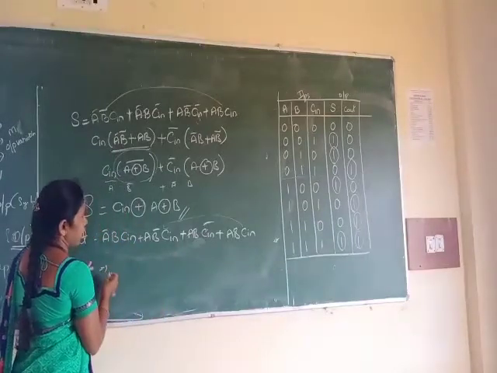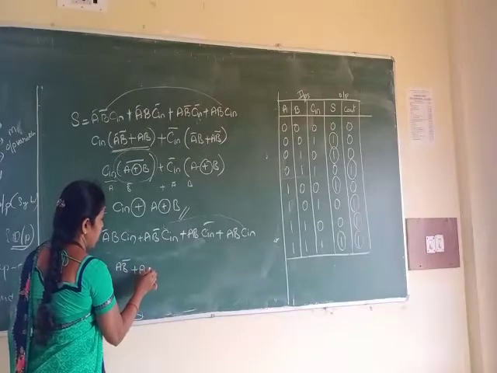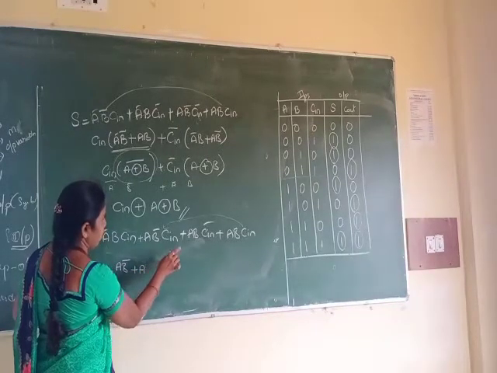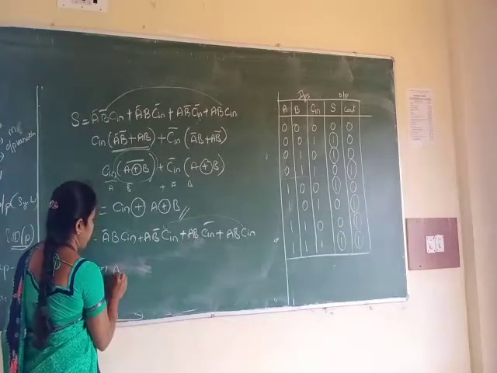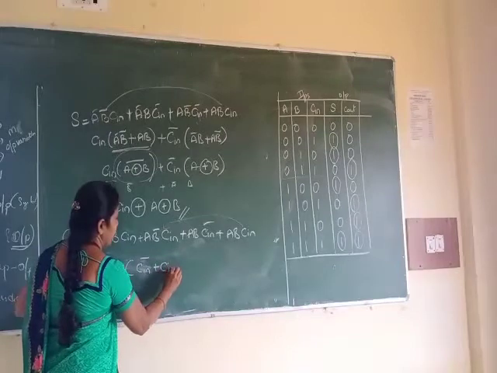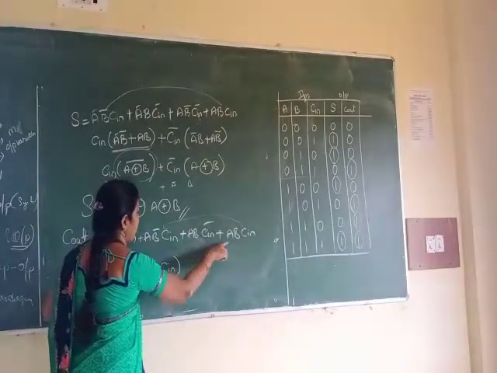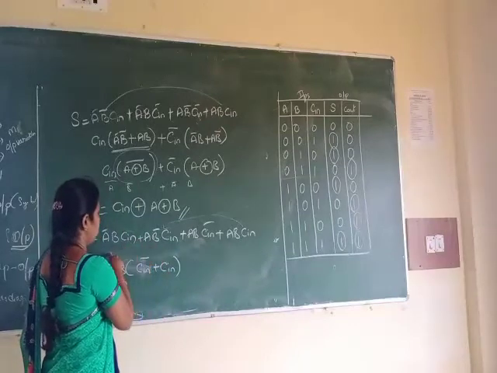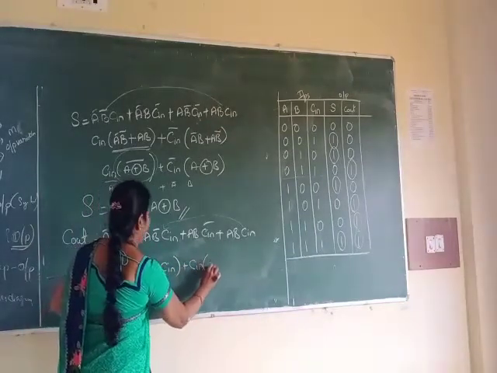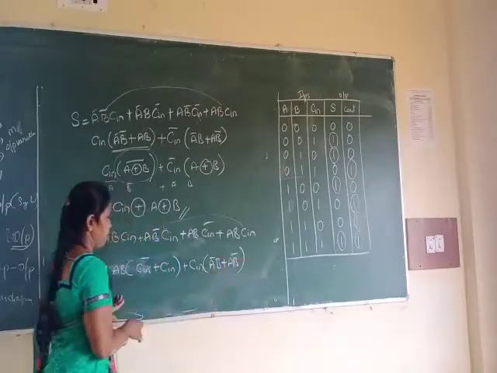So here if I take A B bar plus A B, A B common, C in bar plus C in. So if I am taking here AB common, C in bar plus C in. Again within these two, I will take C in common, C in common if I take A bar B plus A B bar.